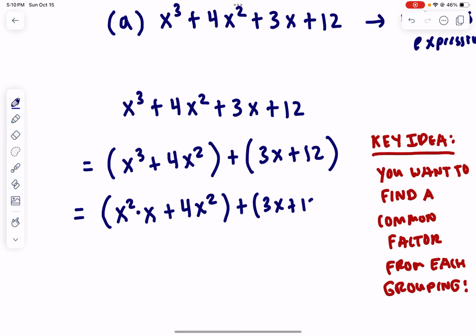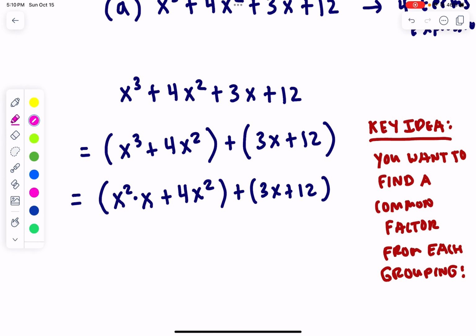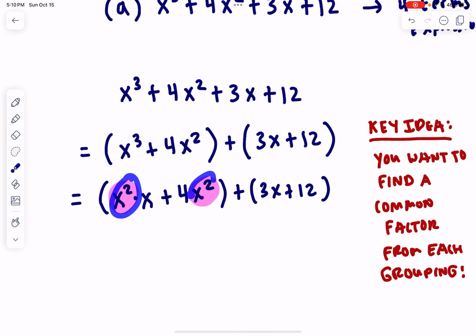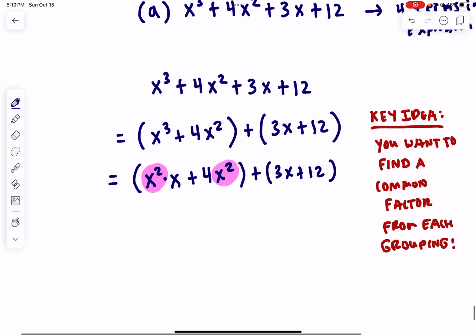If you want to be real technical here, we can break this x cubed apart and rewrite it as x squared times x based on our exponential rules. So from here, we can see that this term has an x squared and this term has an x squared. So we can factor this x squared out. So let's go ahead and do that.